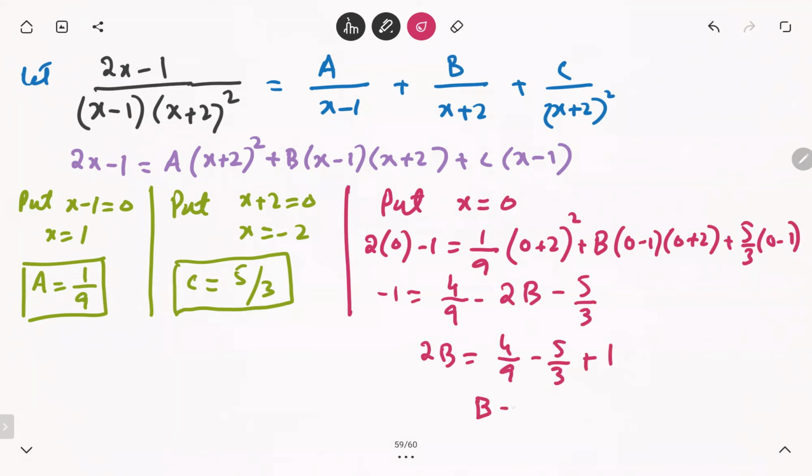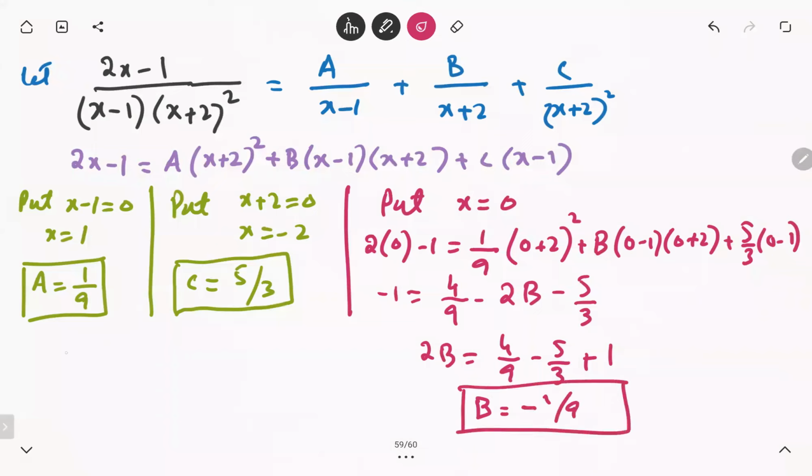What is b? 4/9 minus 5/3 plus 1. आंसर को डिवाइड करें 2 से, बताएं क्या आ रहा है. -1/9. Yes, -1/9 is the answer.